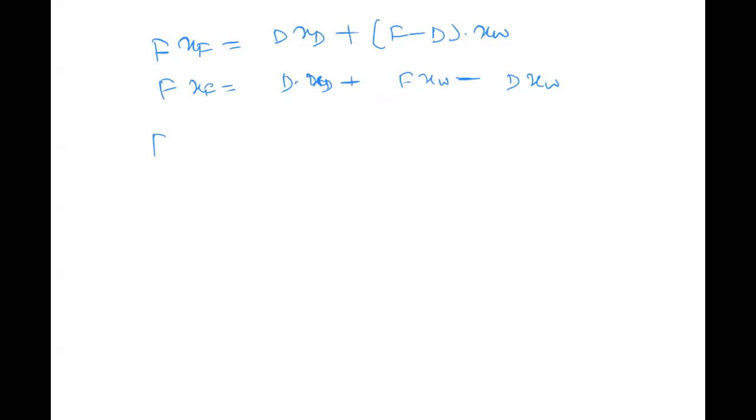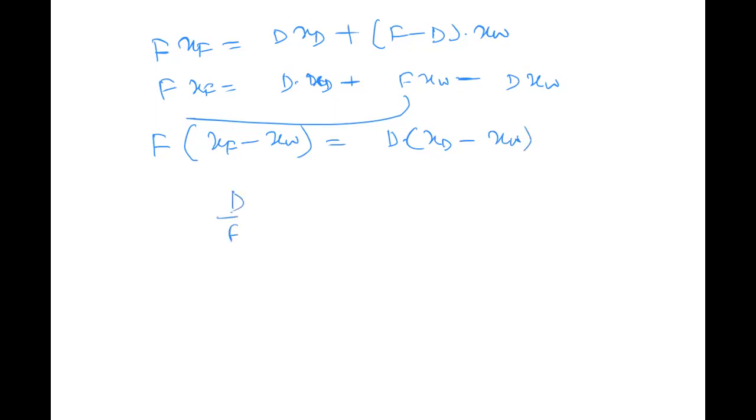So here F into XF minus XW equals D into XD minus XW. So here D by F will be XF minus XW by XD minus XW. Is it clear? Is it correct or wrong? Just tell me.